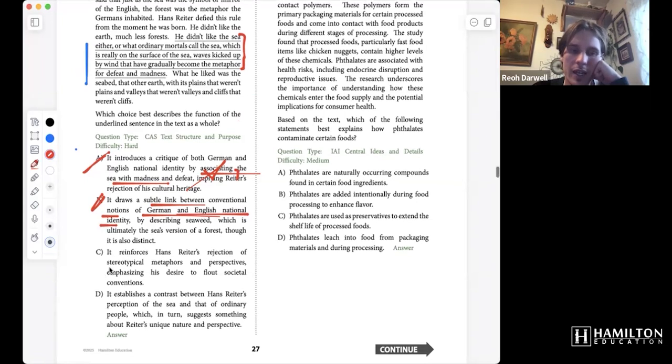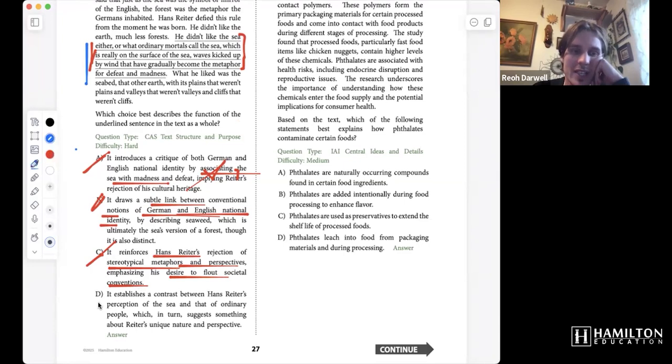C, is our character rejecting stereotypical metaphors and perspectives? No. Is he seeking to flout societal conventions in this text here? Nowhere is that stated directly.